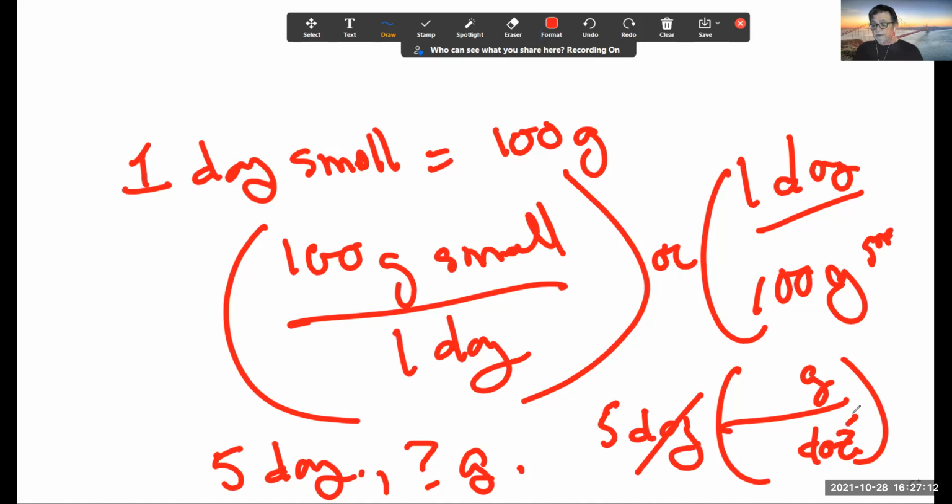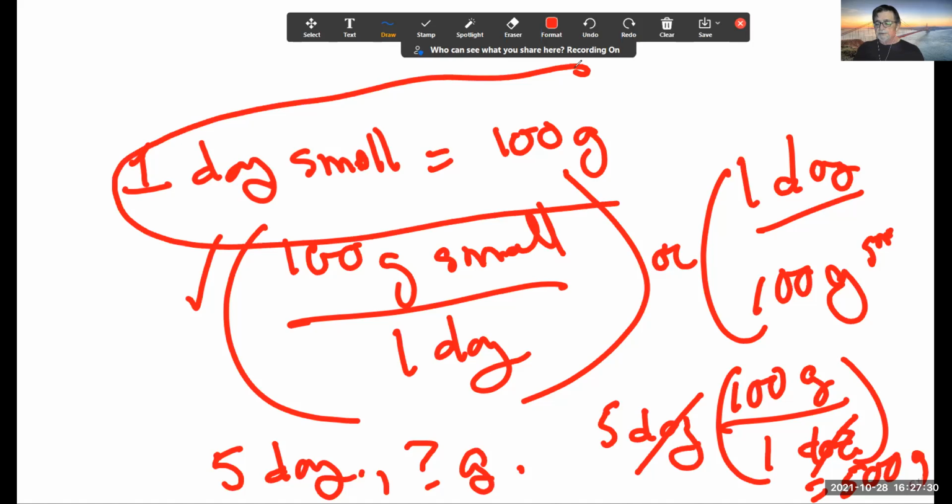Why? Because I want dozen to cancel. So I'm going to use the one on the left. So 100 grams go on top, 1 dozen goes on the bottom. Okay. And so for 5 dozen eggs, it would weigh 500 grams. Now this ratio business, we can do that for any ratio that we have.